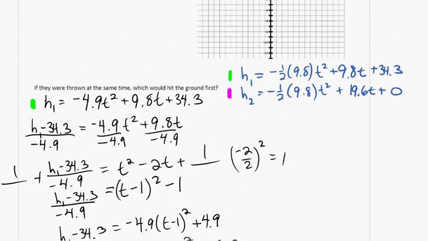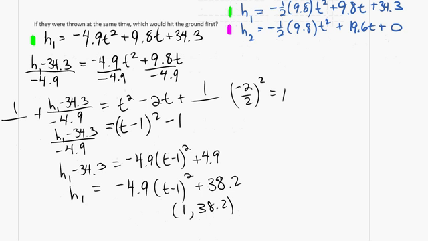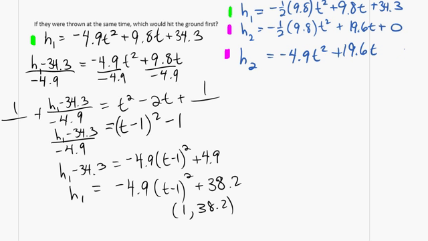If we want to graph that, well, let's find the second one first before we get too crazy, because we want to know what our graph needs to look like. So let me erase that one, completing the square piece. And I'll do h2 over here in blue. So h2 is equal to negative 4.9 t squared plus 19.6 t.